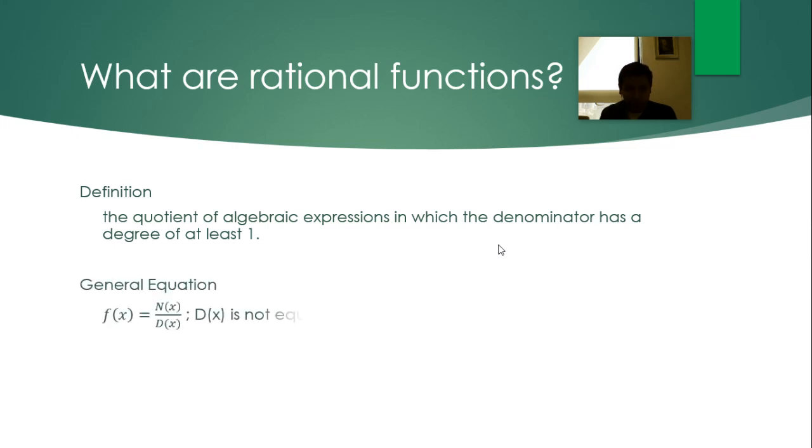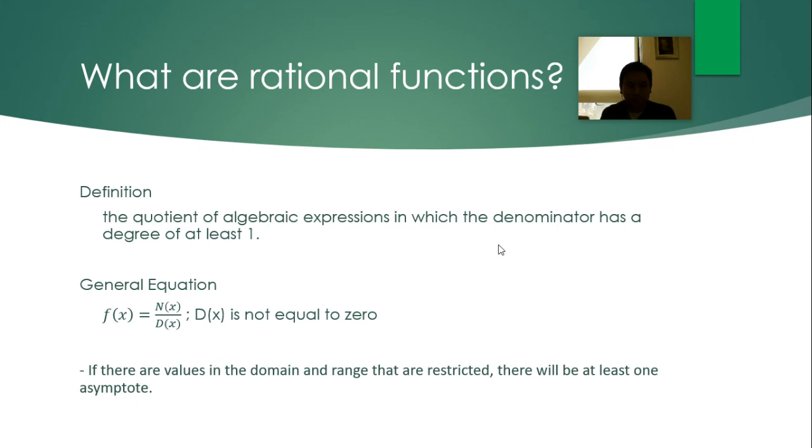In simpler words, you cannot have a rational function if there's no variable in the denominator. There should be at least an x in the denominator to make it a rational function.